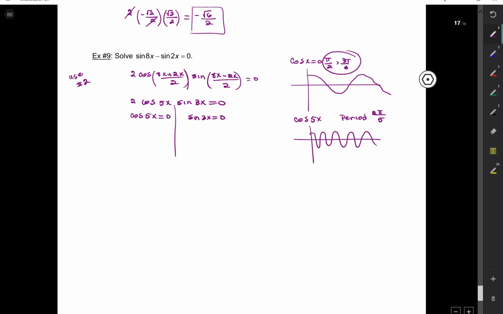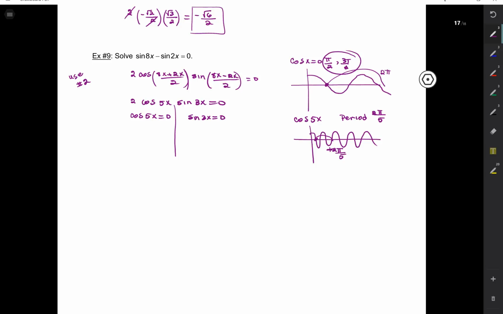Okay? That means if for this, it's 0 at pi over 2, the next one is plus 2 pi, right? But for this one, when is the next one? Plus 2 pi over 5. Okay, plus 2 pi over 5.